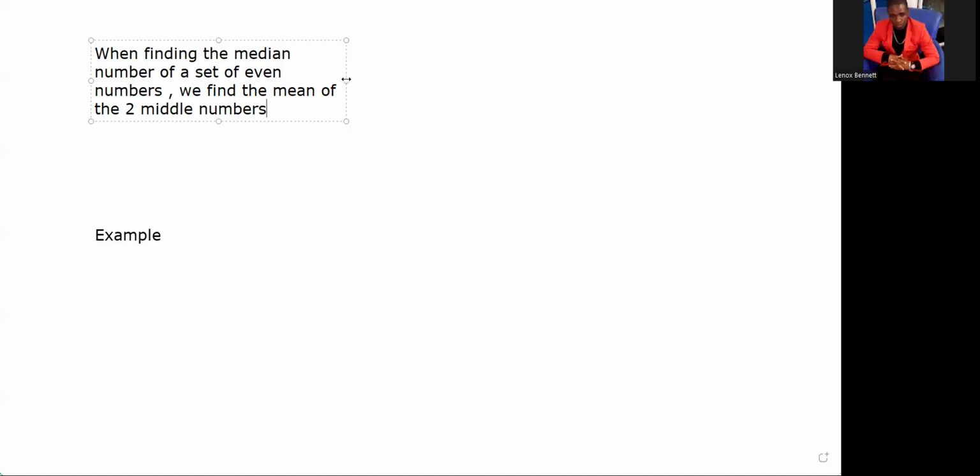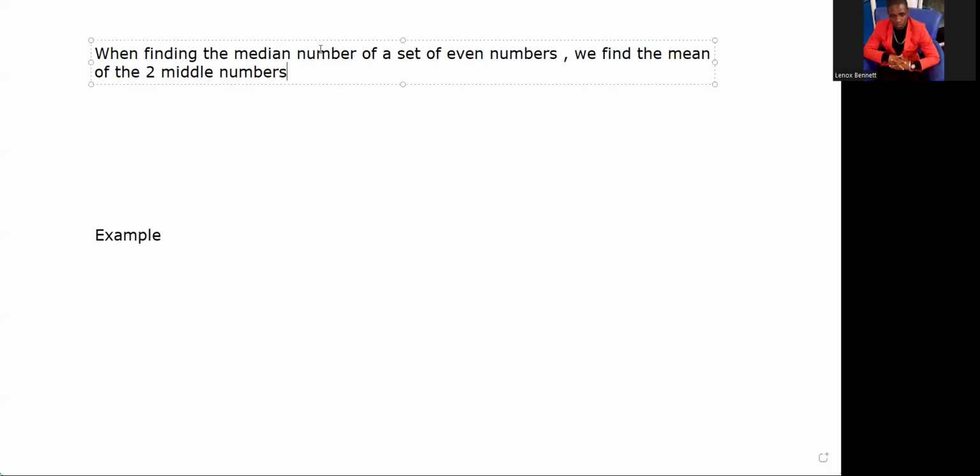That's all we do. But we still have to arrange it in ascending order. Let me write that first. So we're still arranging in ascending or descending order.